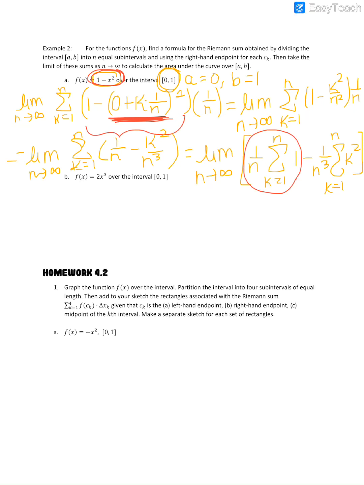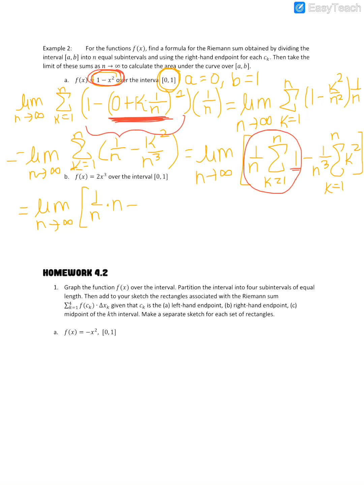And remember, this is a formula from yesterday. When you have a constant here, you just do 1 times n, and that's your answer, right? Okay, so this gives me limit as n goes to infinity, 1 over n times n. So that's just going to be 1 minus.